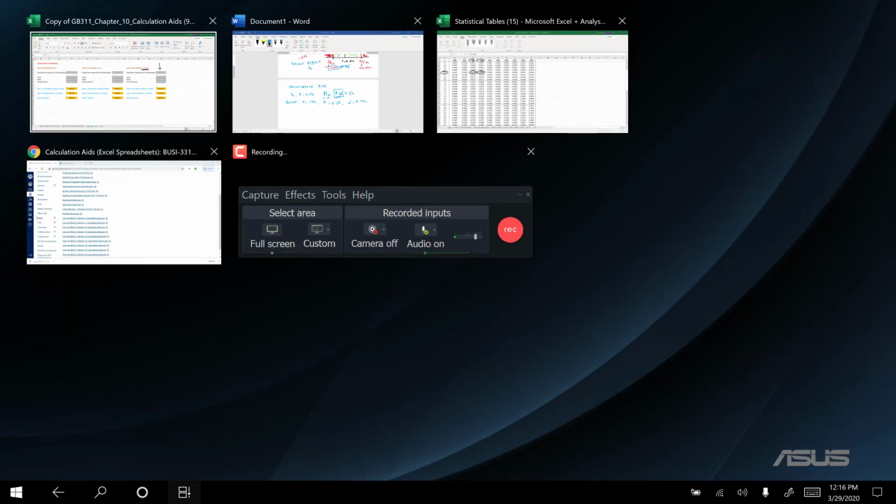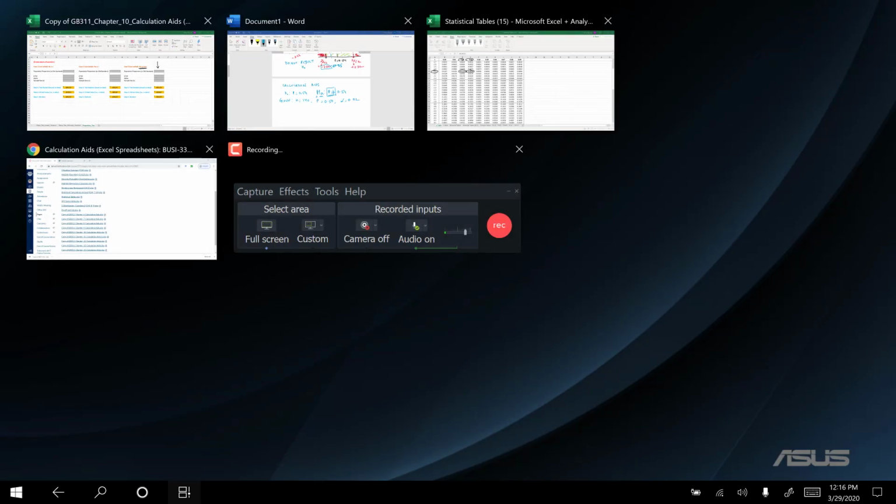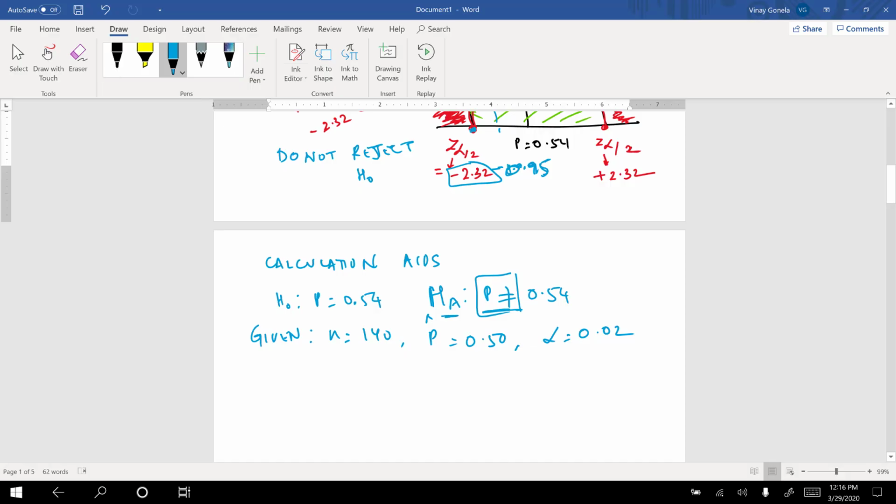Let me see what they are asking. Population proportion is what we have to key in, and the population proportion is 0.54. So I will key in that value.